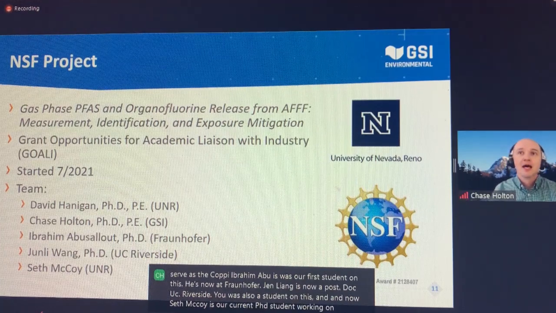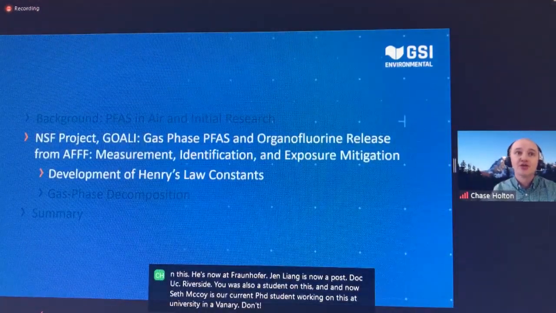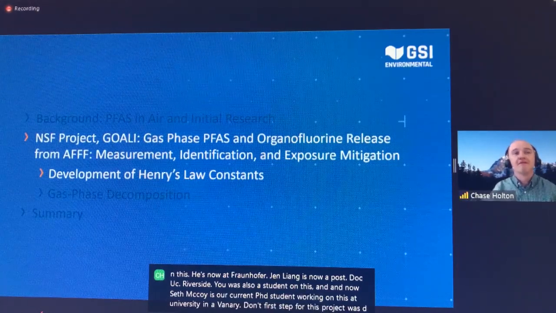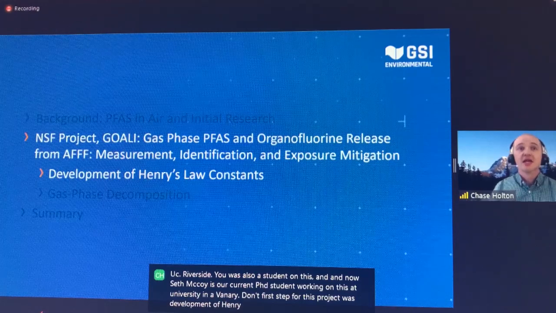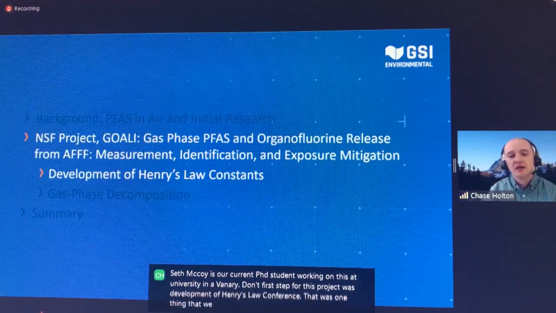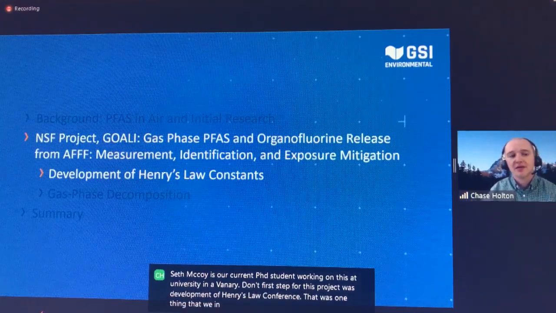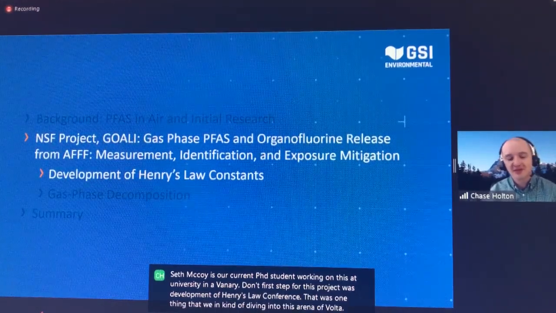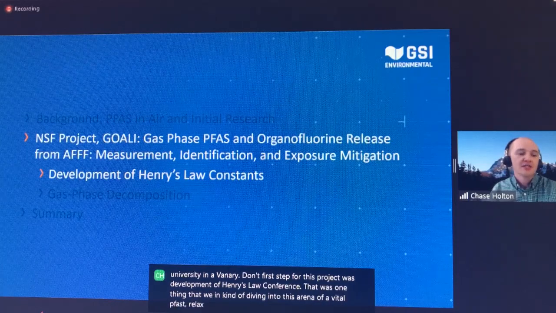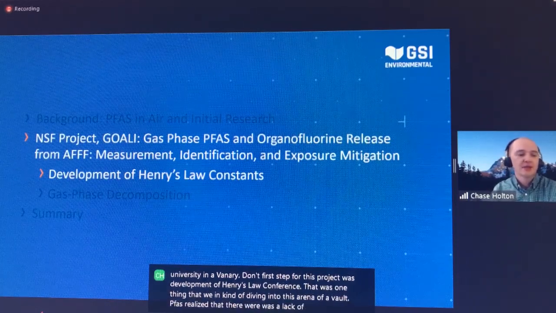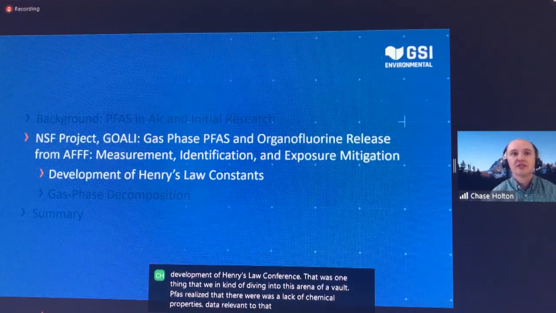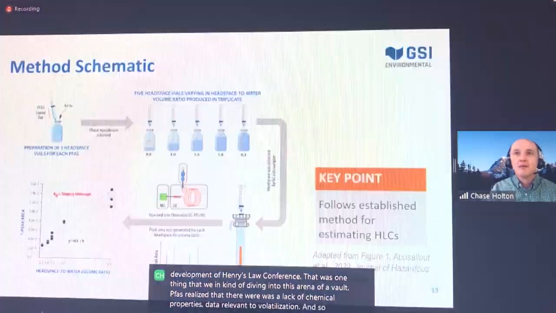So the first step for this project was development of Henry's Law constants. In diving into this arena of volatile PFAS, we realized that there was a lack of chemical properties data relevant to volatilization.